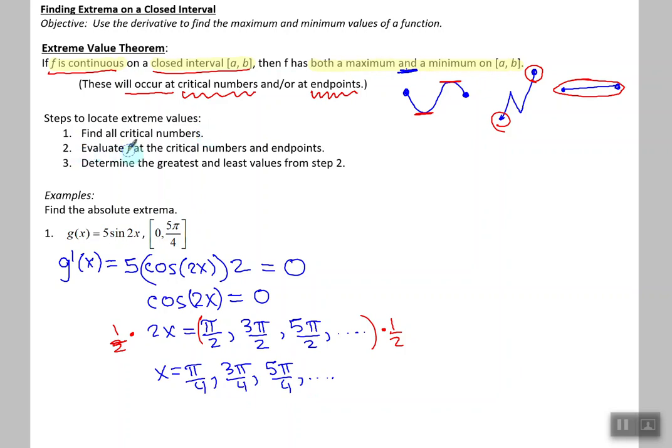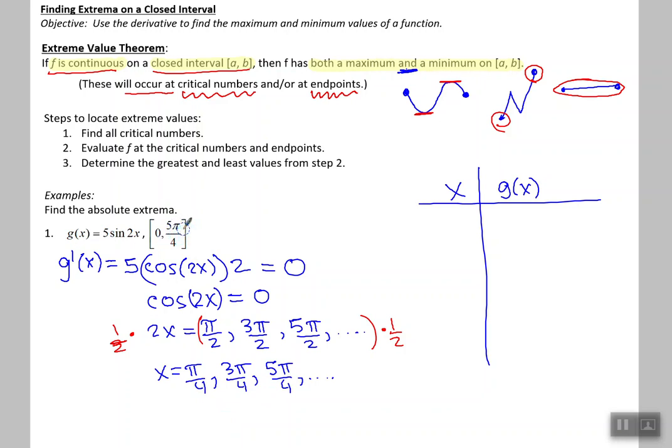Next, we're going to evaluate the function at these critical numbers and at endpoints, because that's where maximums and minimums can occur. So the most organized way to do this is to make a t-table, where we have x values on one side and the y values, the g of x values, on the other side, and we list our critical numbers and our endpoints.